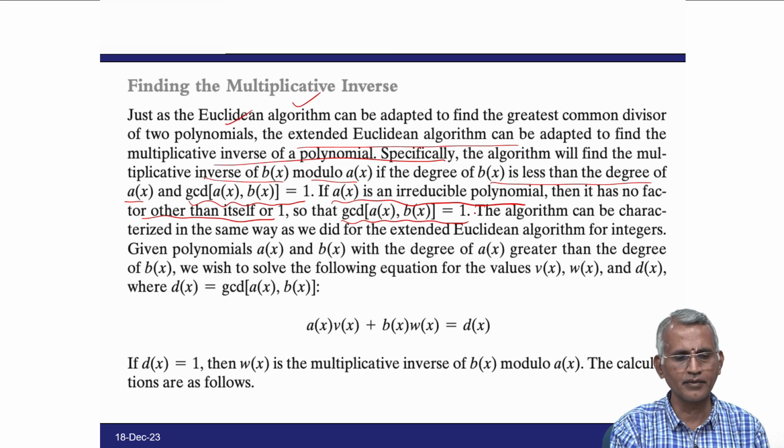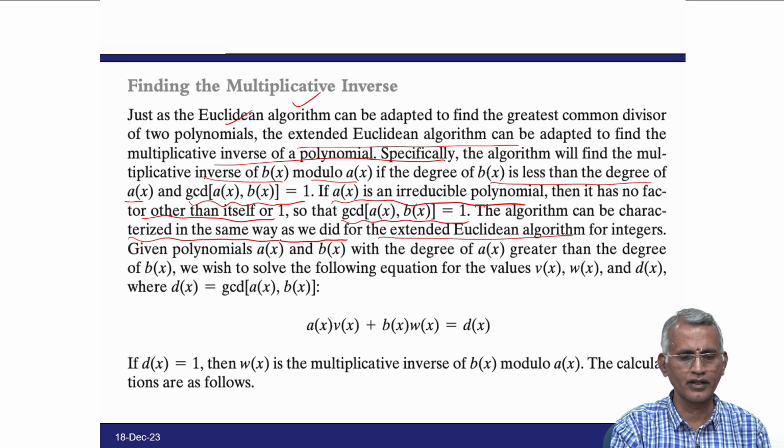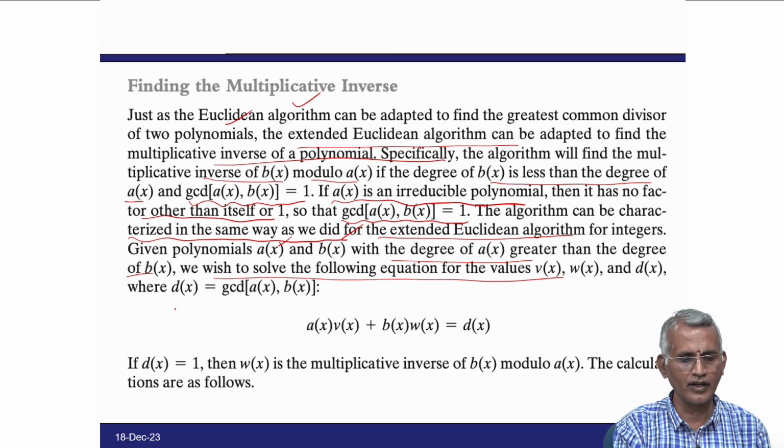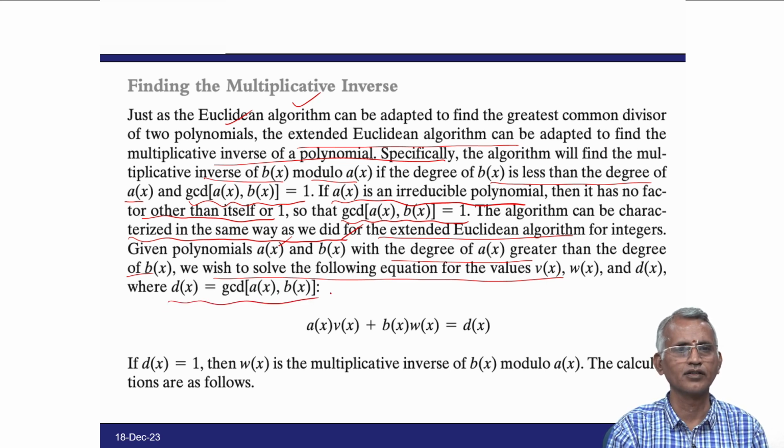This algorithm can be characterized in the same way as we did for the extended Euclidean algorithm for the integers. Given polynomials a of x and b of x with the degree of a of x greater than the degree of b of x, we wish to solve the following equation for the values of v of x, w of x and d of x, where d of x is the greatest common divisor of a of x comma b of x.